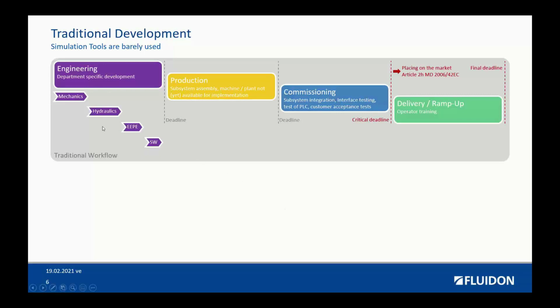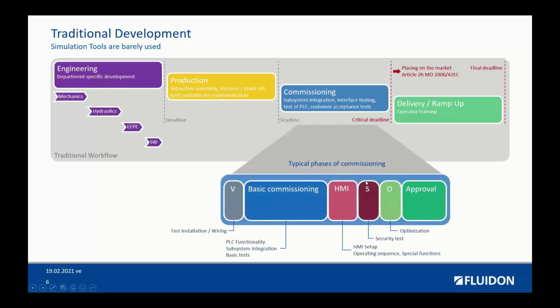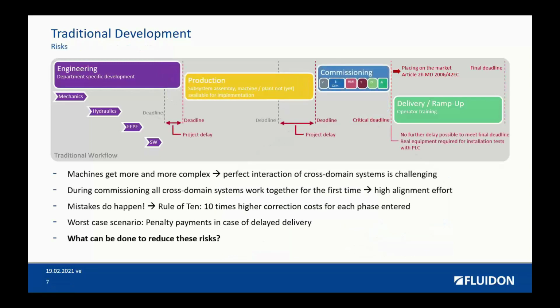And in this sequential structure, development results can only be brought together very late, and you can test them only during the commissioning phase. Here, for example, the PLC, cabling, and human-machine interfaces are tested for the first time in combination with other functionalities. But this sequential approach harbors risks.